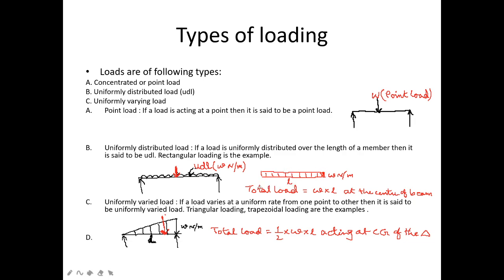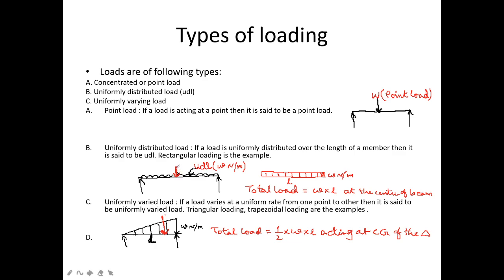So the magnitude of the load will be W into L, which is the area of the rectangle, and the position of the load will be at the center of the rectangle, because we know that the CG of the rectangle lies at the center. That is the point at which the two diagonals intersect.